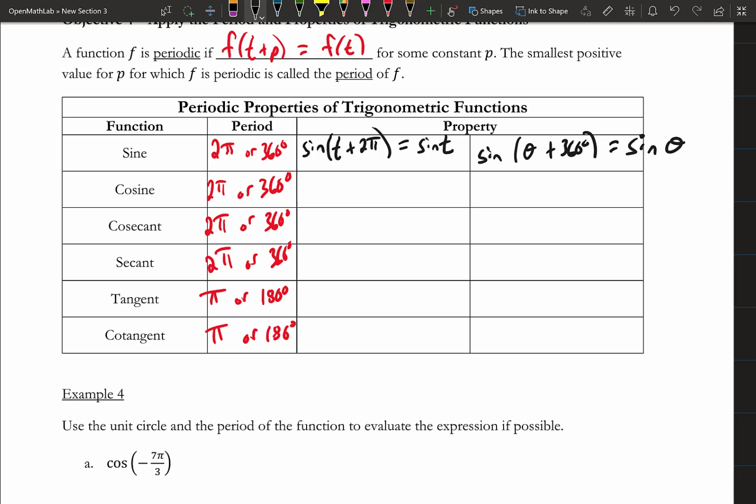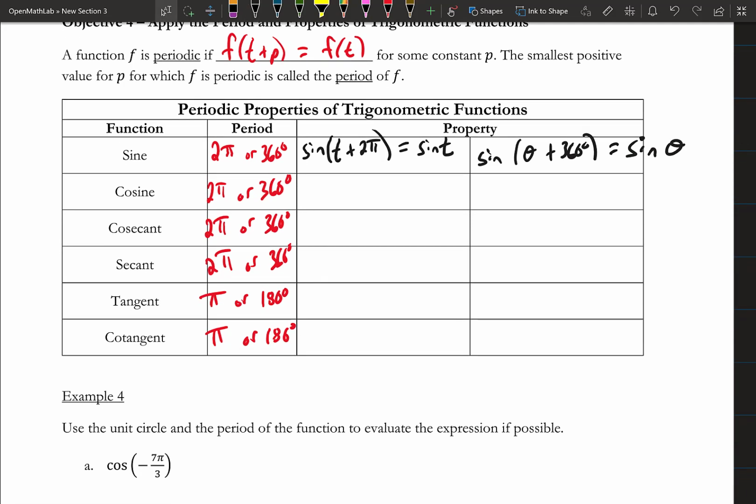That's just using the definition of periodic. We know what the period is, so this is what we can conclude. Then for cosine, cosine of t plus 2 pi is equal to cosine of t, and cosine of theta plus 360 degrees is equal to cosine of theta. All we're doing now is substituting in the different trig functions, because they all have the same period.